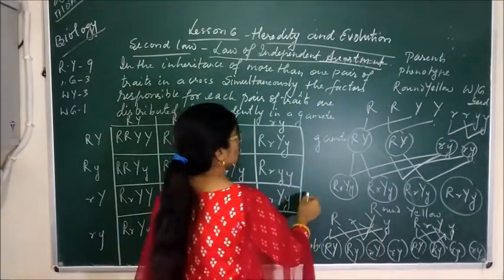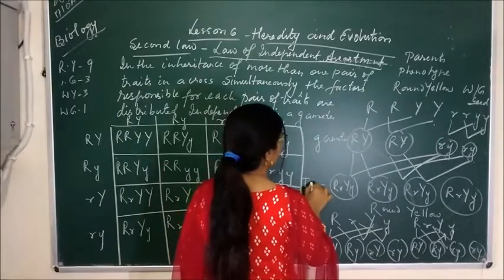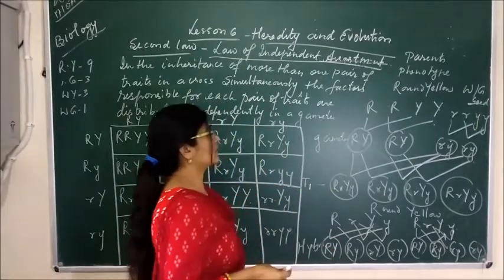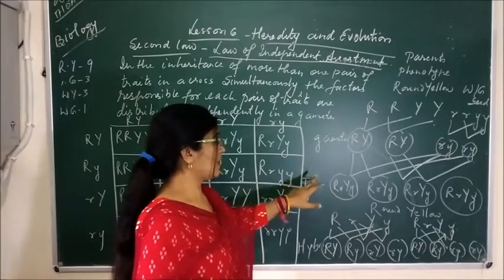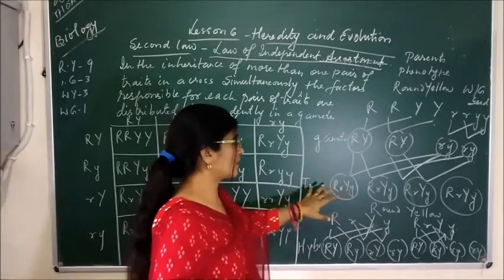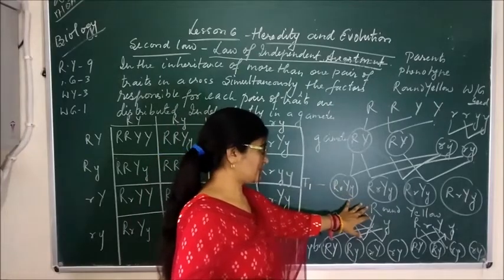So after crossbreeding the round yellow and green wrinkled seeds, he found all the plants having round yellow seeds.